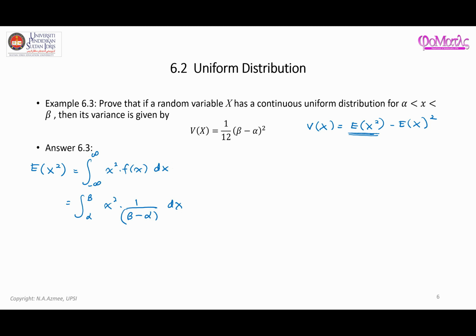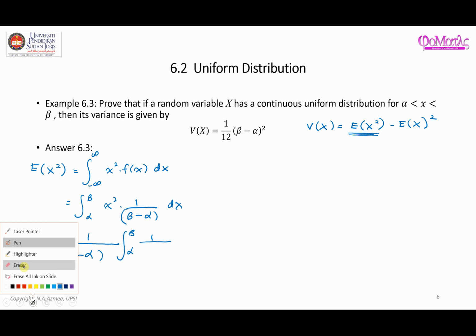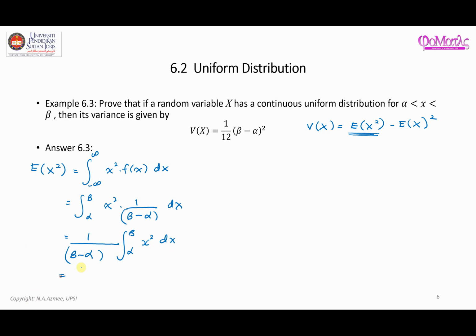You can just take it out from the whole process here. So this is what we have. And this is quite an easy function to integrate again. So we have x cubed over 3, from alpha to beta.